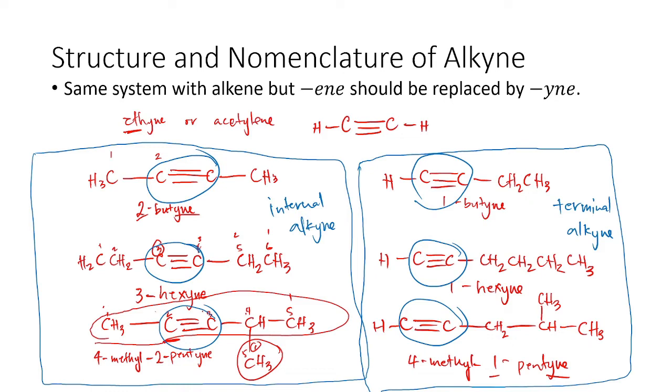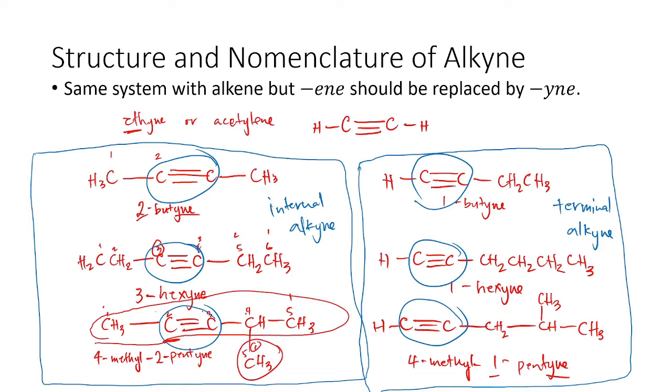Okay, so that's our structure of alkynes. So we have there our structure and nomenclature of alkyne, wherein we talk about how we can name our alkynes, and we also determined the classifications of internal and terminal alkyne.